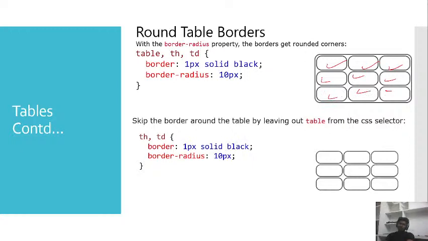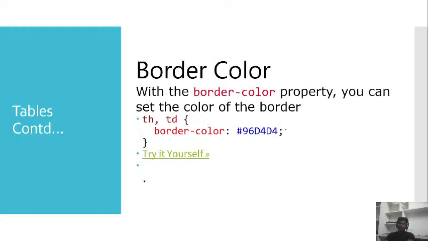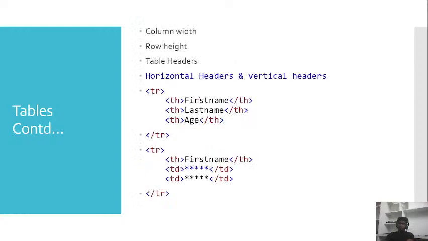These are the border styles: dashed, dotted, solid, double, groove, ridge, inset, outset, none, and hidden. And then we discussed border color and column width.